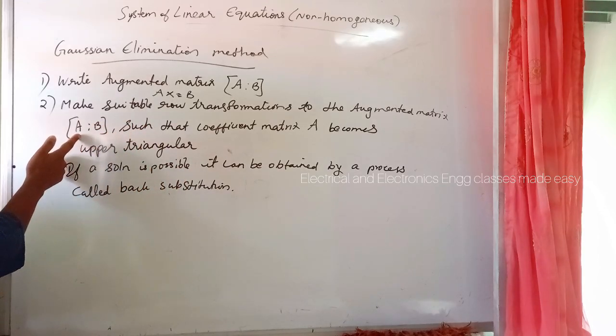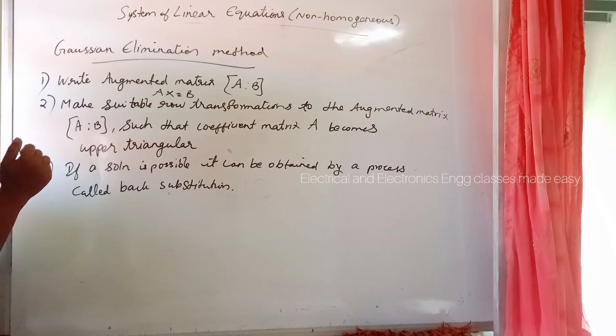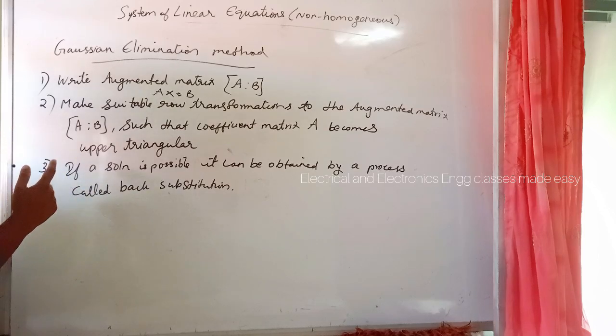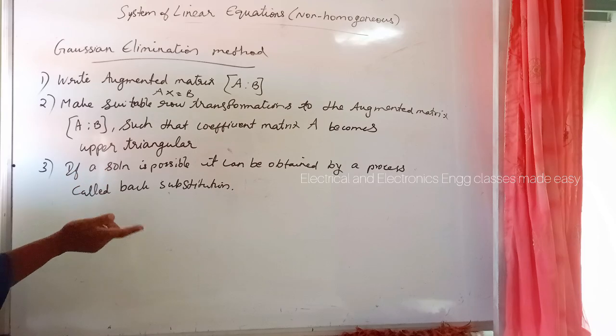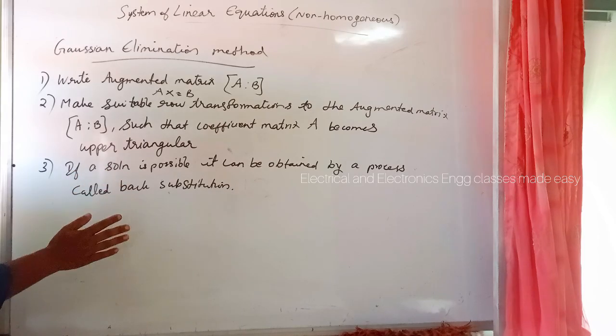Here A is called the coefficient matrix. Third, if a solution is possible, it can be obtained by a process called back substitution.